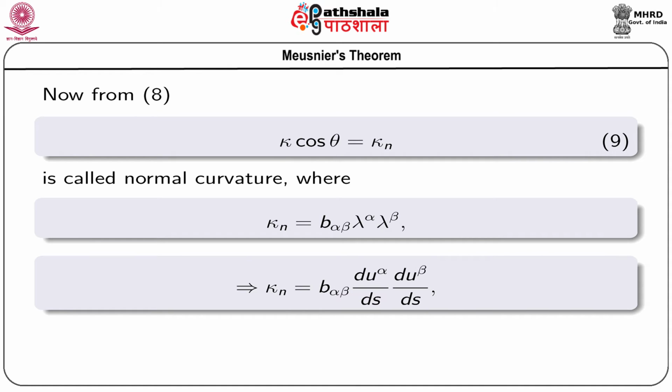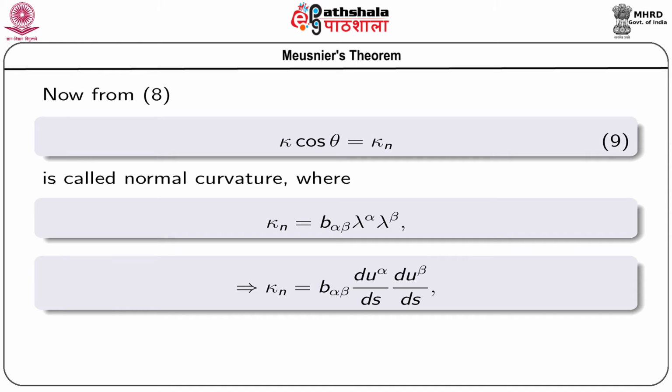Now, we know that lambda^alpha is du^alpha/ds and lambda^beta is du^beta/ds, because these are the unit tangent vectors. So, they can be represented in this way.